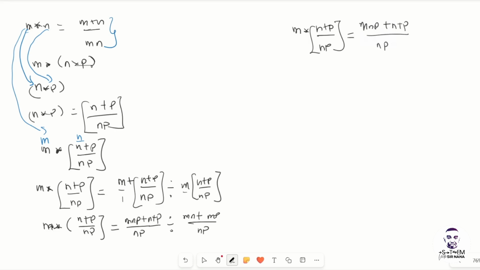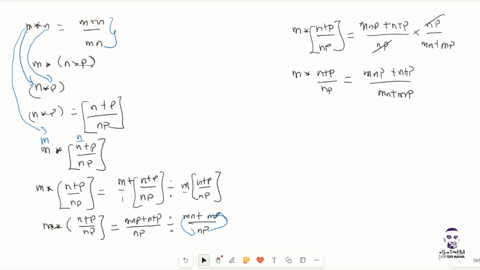Right. The division will change to multiplication, so it means that we'll reciprocate. The np will move to the top, and the mn all over np will move down. So we are going to have np at the top all over mn plus mp. So mp will cancel mp. It means that our m operation (m plus p all over mp) will become mnp plus n plus p all over mn plus mp.